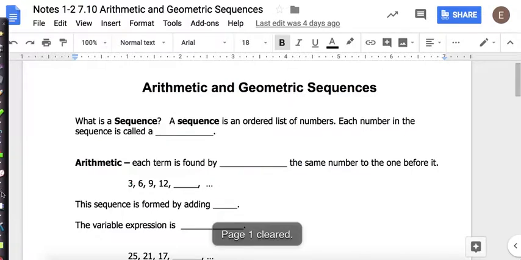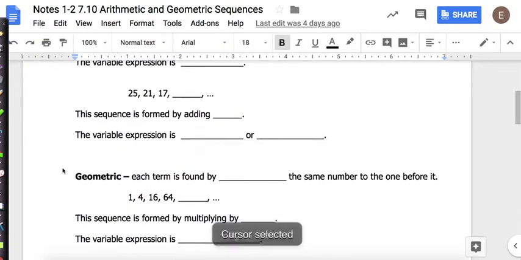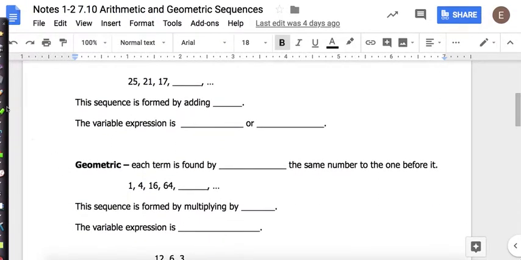So let's look at our second example here. We have 25, 21, 17, and the next number would then be 13. So this sequence is formed by adding -4. So the variable expression is n + -4.